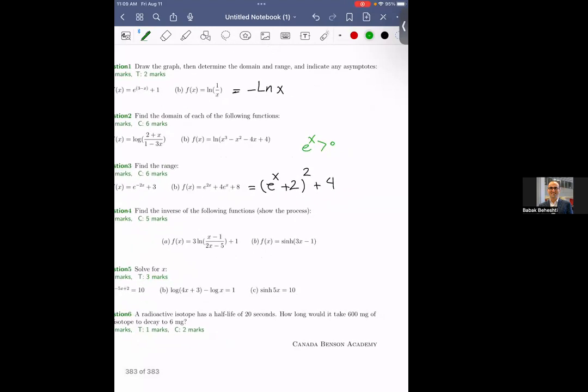Because e^x is positive, therefore e^x + 2 is bigger than 2. When you square it, (e^x + 2)^2 is bigger than 4. And then when you add 4, you get (e^x + 2)^2 + 4 is bigger than 8.